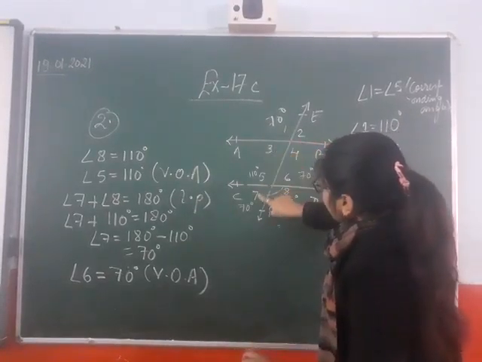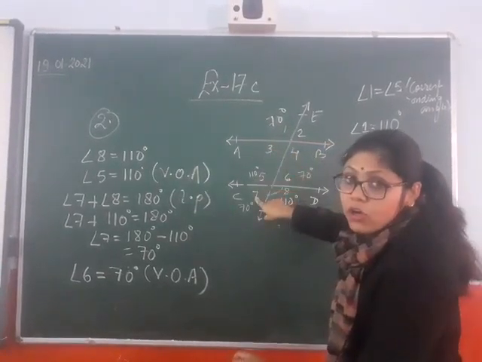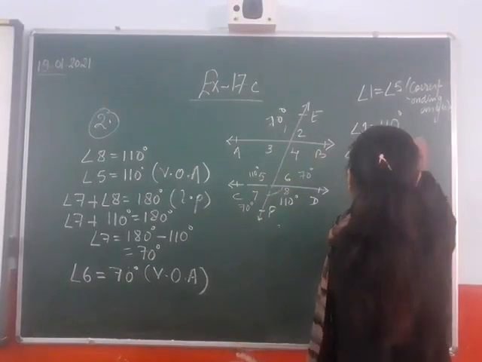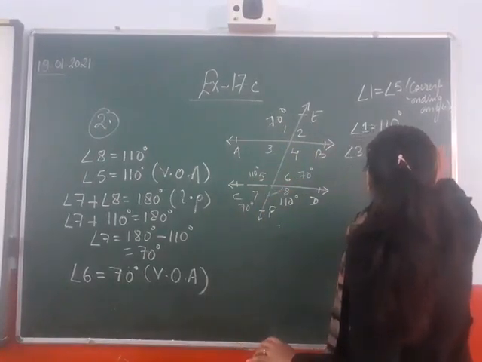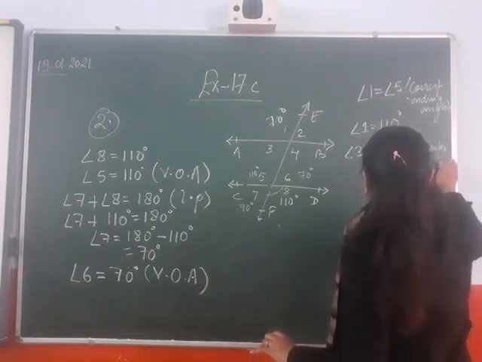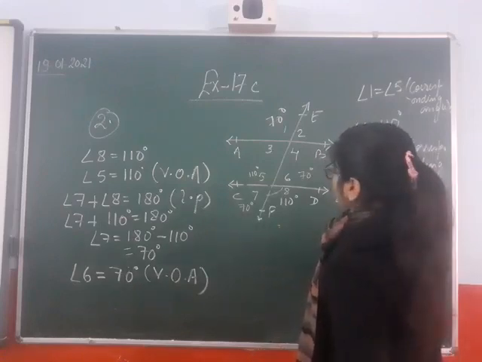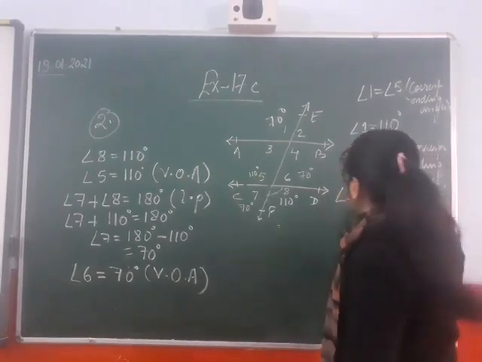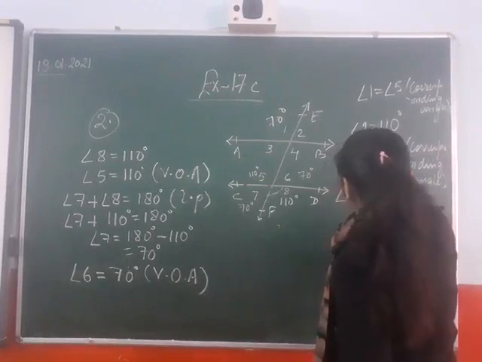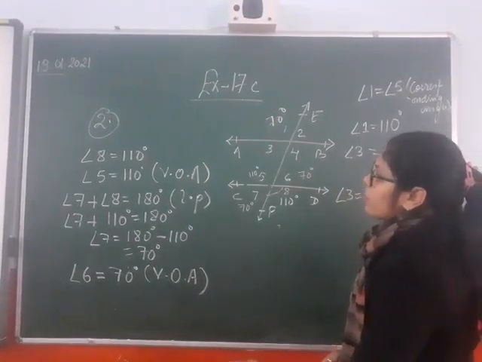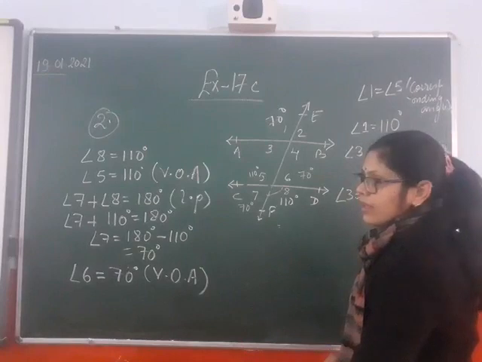Why? 3 and 7 are again forming corresponding angles. So what will be the value of angle 3? Angle 3 will be equal to 70 degrees. So I got angle 3, I got angle 5, I got angle 7, I got angle 6.